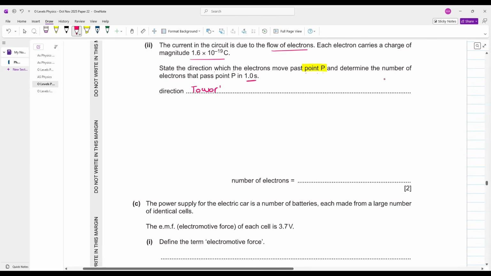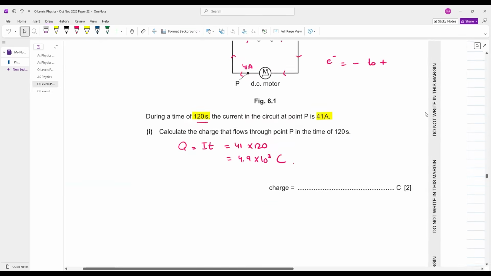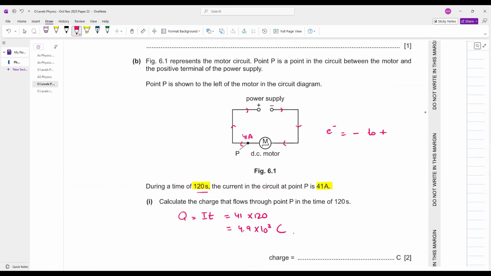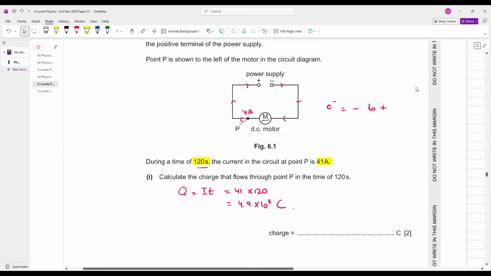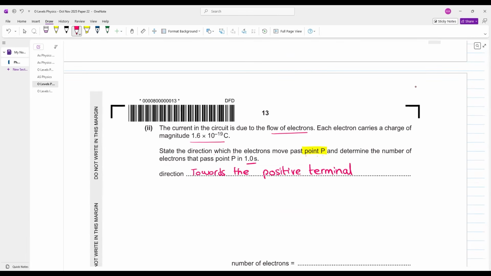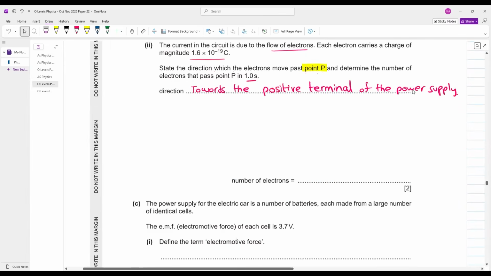Electrons move towards the positive टर्मिनल. पॉजिटिव टर्मिनल की तरफ इलेक्ट्रॉन्स जा रहे हैं. सिंपल. आपने बता दिया ये. इलेक्ट्रॉन्स आर मूविंग टुवर्ड्स द पॉजिटिव टर्मिनल ऑफ द पावर सप्लाई भी लिख दो भाई.